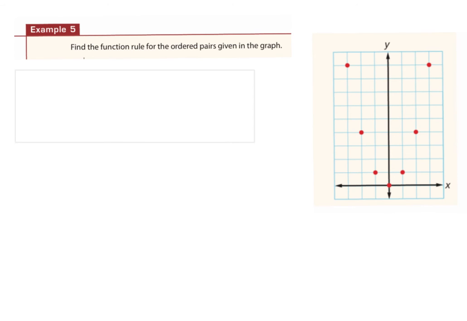All right, find the function rule for the ordered pairs. All right, so I'm going to look at this one right here. My x value is -3, and my y value is 9. All right, we're going to look for a pattern first. My x value here, -2 and 4.